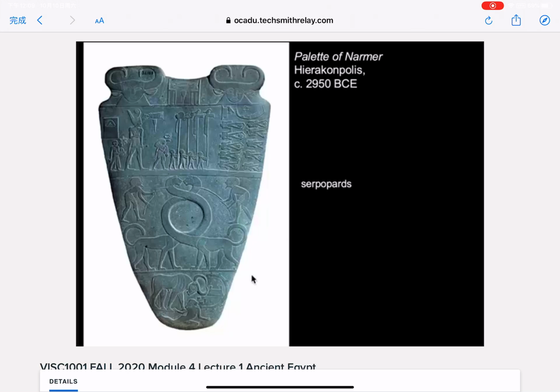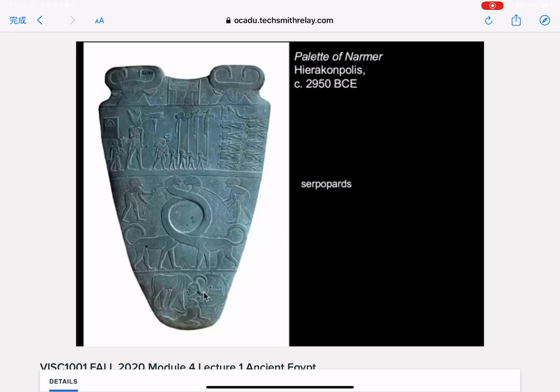In the lowermost register, we have a nude figure who cowers under a bull with a fortress or a palace visible in the background.